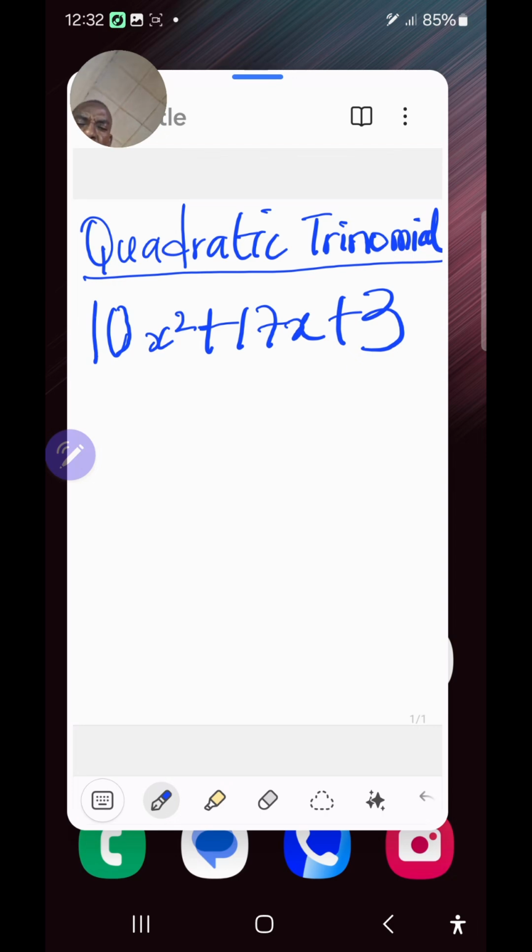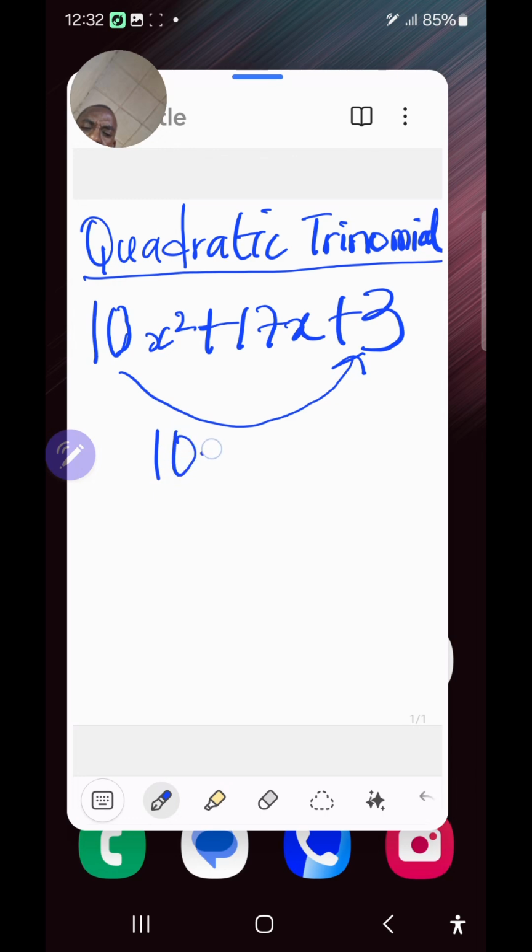Now, suppose you are given these 3 terms, which is called a quadratic trinomial. How do you factorize? The first procedure is you have to multiply the first term, 10x squared, with the last term, 3.